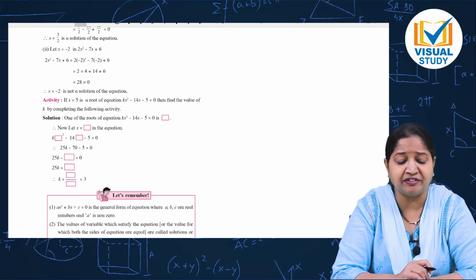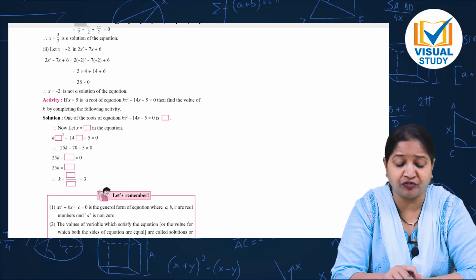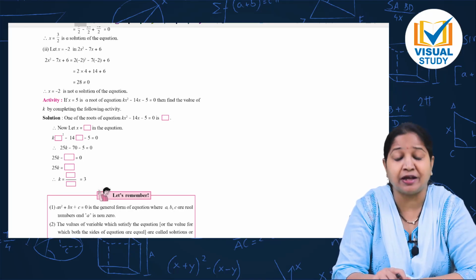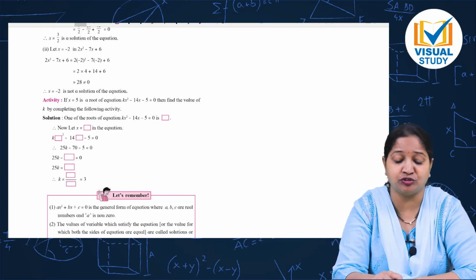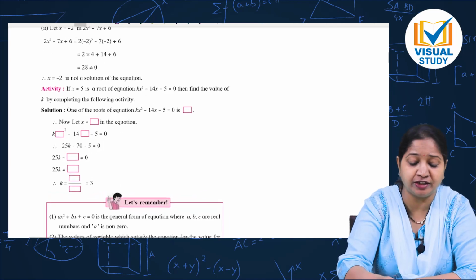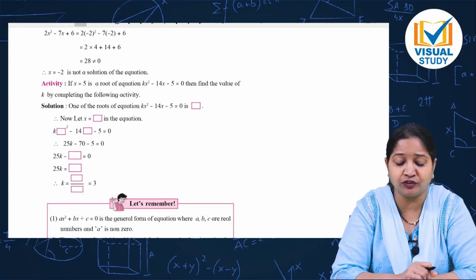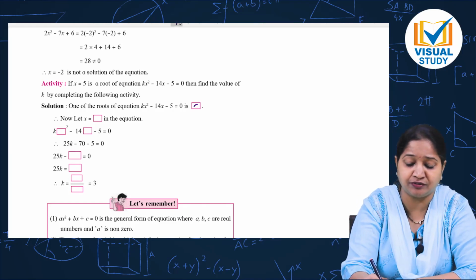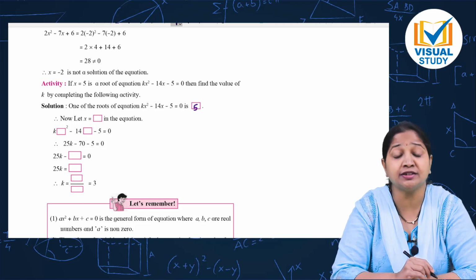Now they have given the activity that if x equal to 5 is a root of the equation kx square minus 14x minus 5 equal to 0, then find the value of k by completing the following activity. One of the roots of the equation kx square minus 14x minus 5 equal to 0 is 5.